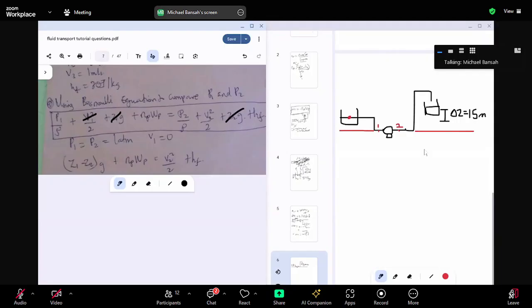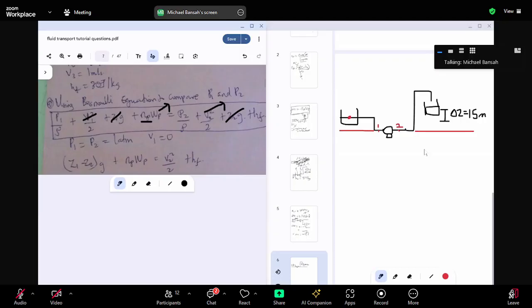Now what will be left is my HF, V2 squared, and P2. For this, because I have this already, the efficiency WP is another parameter I'll have to look for. So the unknowns are this guy, as well as the pressures, P1 and P2.